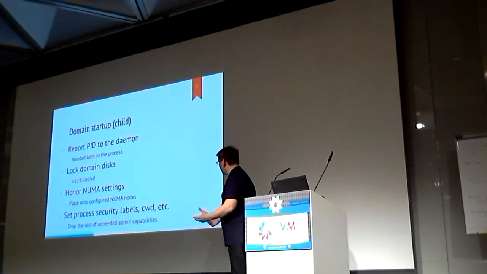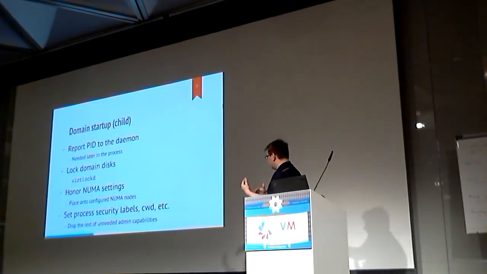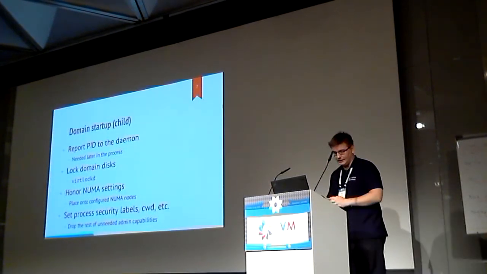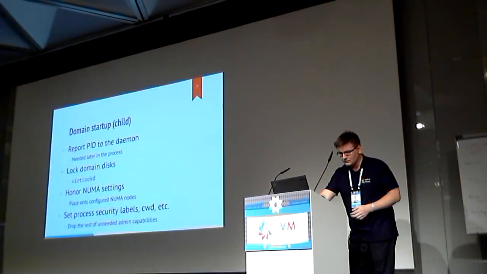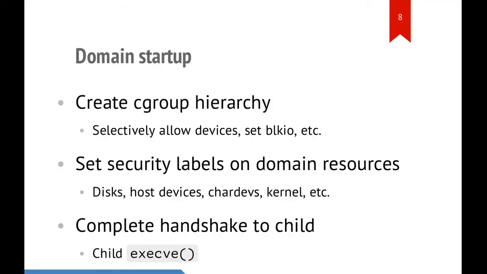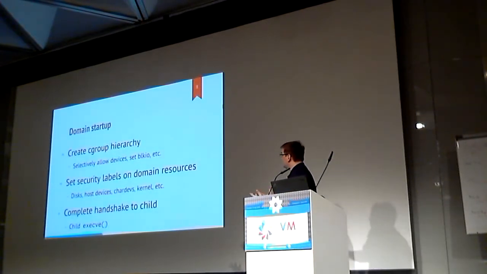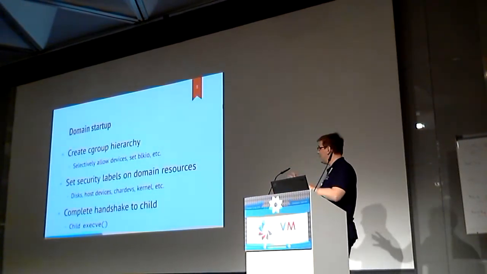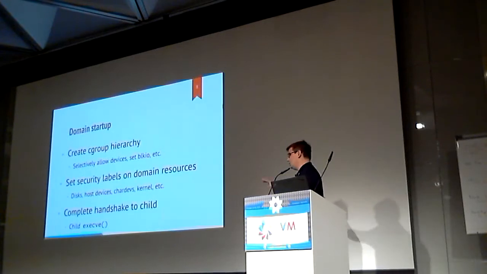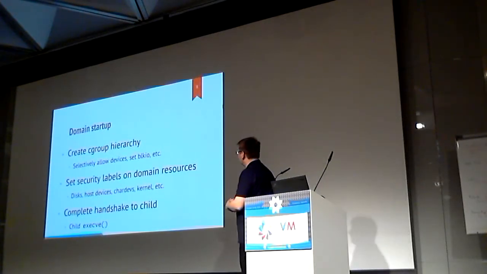We change the working directory and stuff like that. Once the child has done that, the daemon will create a bare CGroup hierarchy, which I will cover in the next slide.